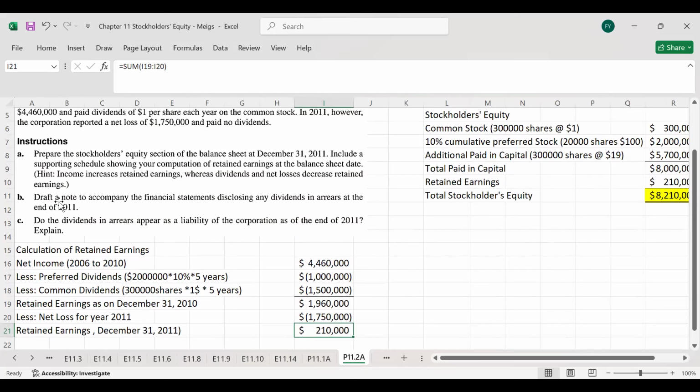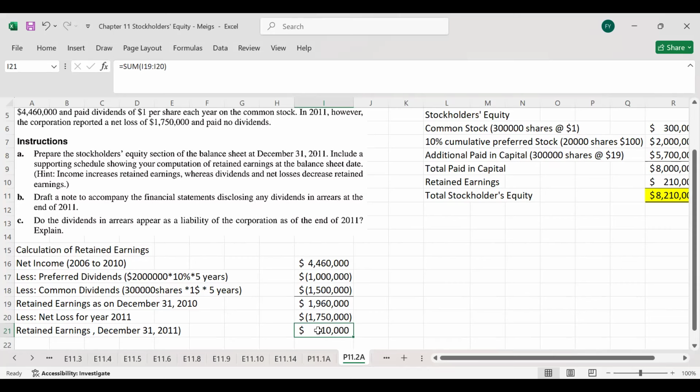Requirement B, draft a note to accompany the company's financial statement disclosing any dividend in arrears at the end of 2011. So we have already discussed that it is mandatory to pay, because the dividend is cumulative. So we'll have to accumulate the dividend. That's why the dividends on the preferred stock are in arrears.